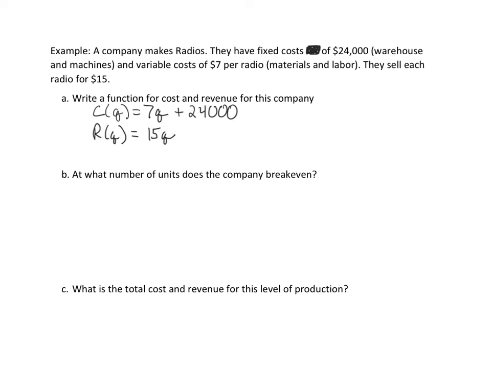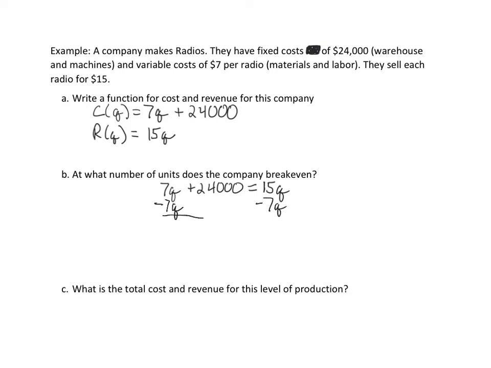At what number of units does the company break even? So to determine the break even, we want cost and revenue to be equal. So we want to determine when does 7Q plus 24,000 equal 15Q. And so essentially what we're doing here is just solving for Q. So what I would do is combine the Q's, and I would move 7Q across the equal sign. So I'm going to subtract it.